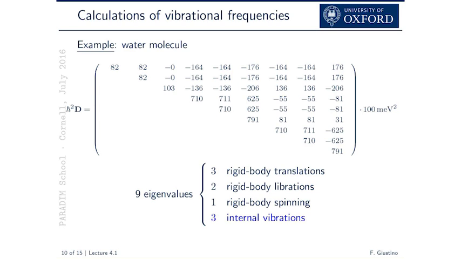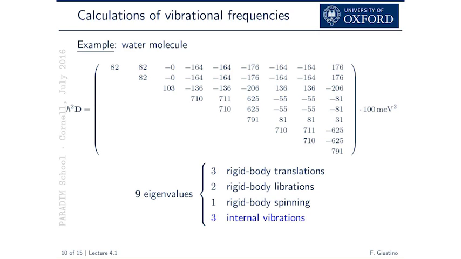What we expect here is the following: 9 eigenvalues, okay? So that's pretty clear. However, out of these eigenvalues, 3 are rigid translation of the molecule. So basically, the molecule could move along x, y, or z. So these are not vibrations, just a rigid translation. So those don't matter. Then there are 2 librations.